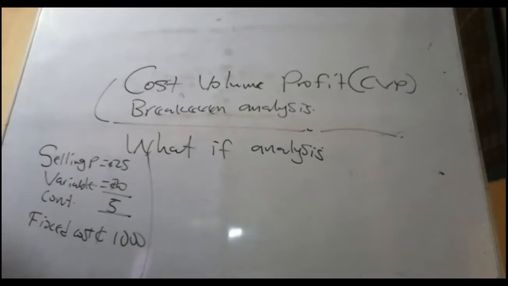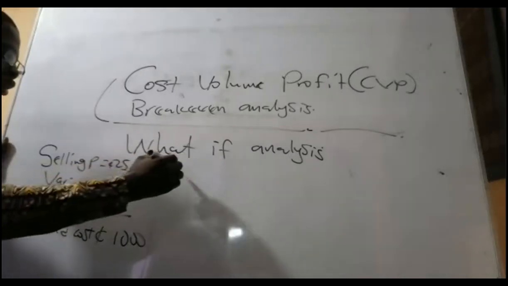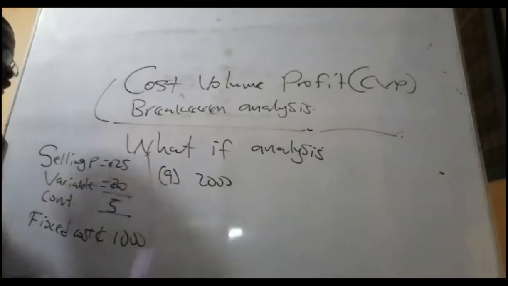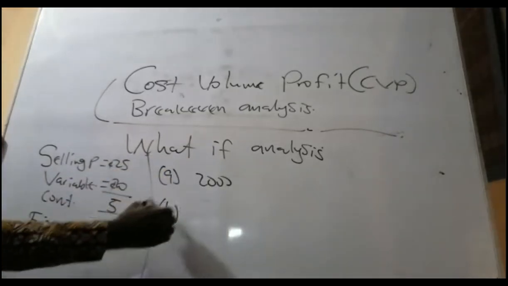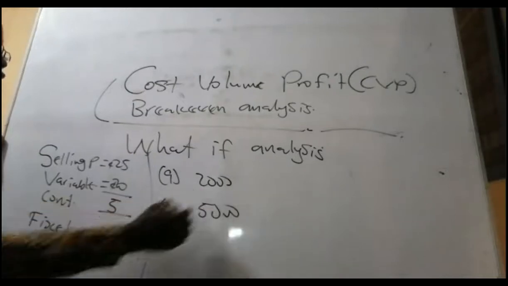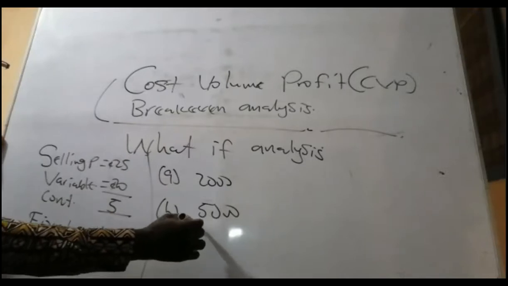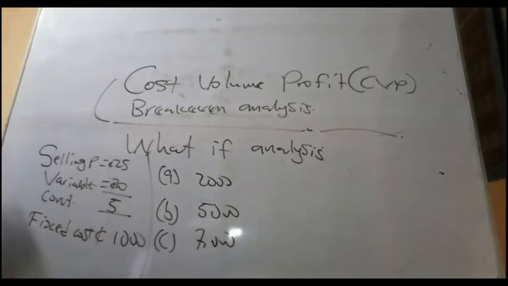Prepare an operating statement when the company produces and sells the following units. First, company A, when they produce and sell 2,000 units, B, 5,000 units, and C, 7,000 units. Great.